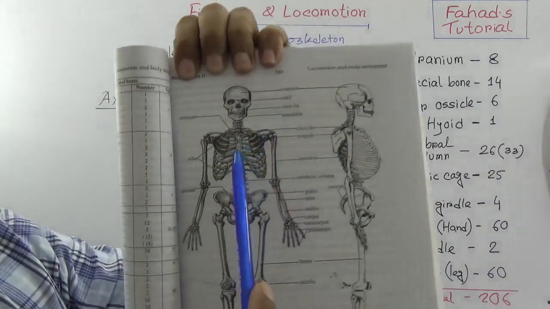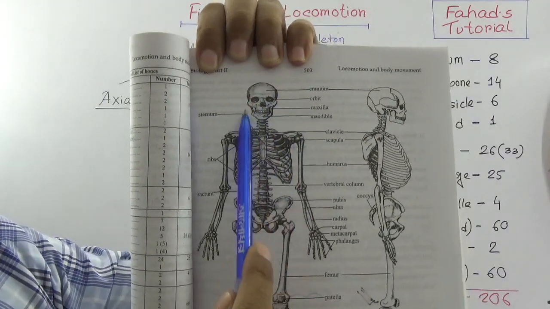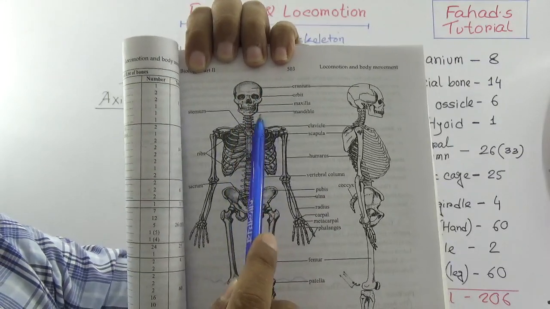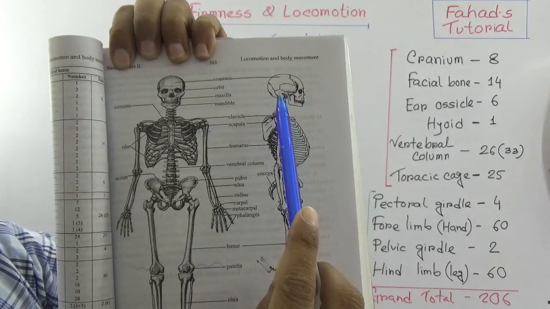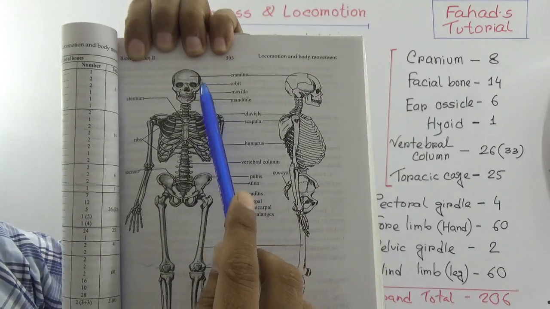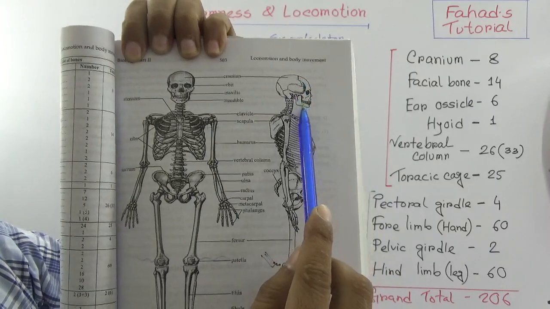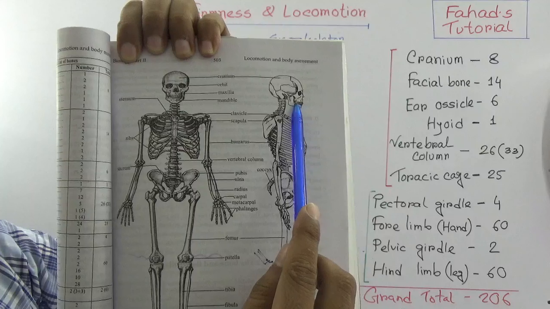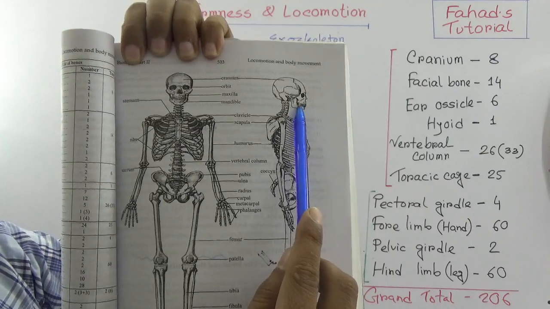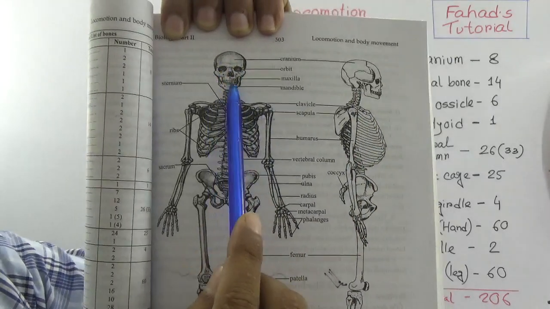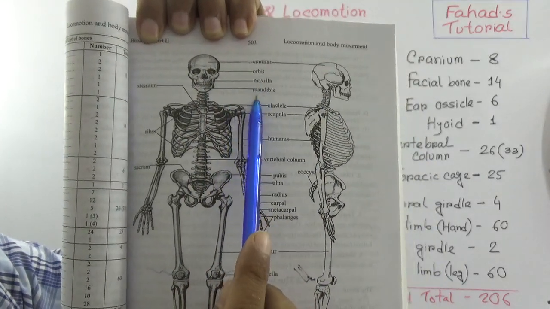Our brain is situated here, so this is the cranium. This is the lateral view and this is the frontal view. From the lateral view you see this one is the mandible, and the other part is called the maxilla. And you see the cranium, the orbit, the maxilla and the mandible.